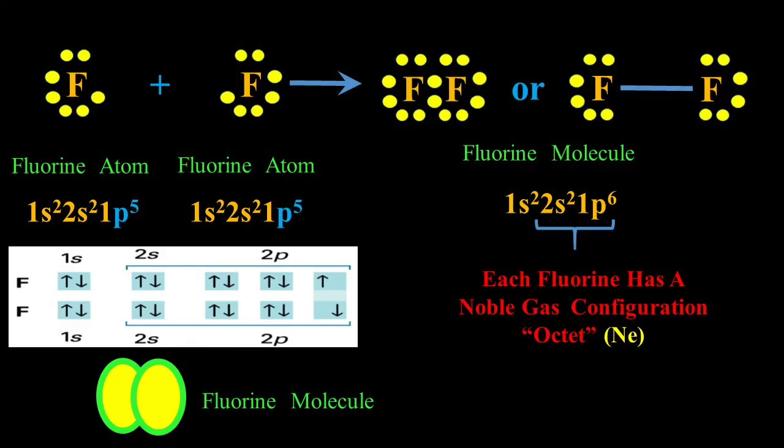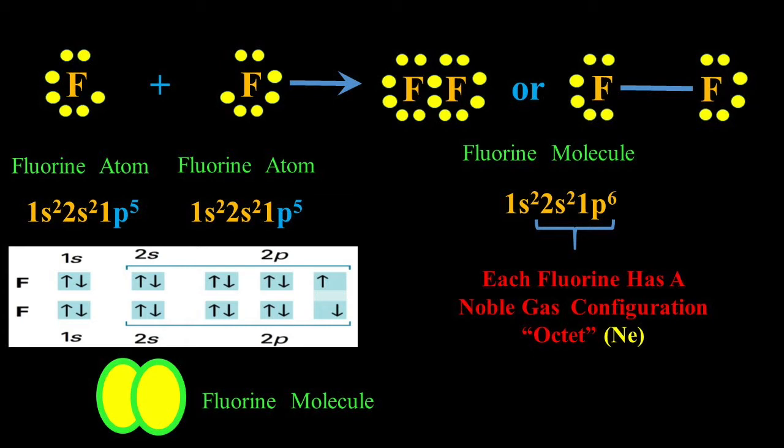So we're going to see a couple slides of that. Here are 2 fluorine atoms. Here's the filling, 1s2, 2s2, 2p5, and here's how it's done. And you form F2, a fluorine molecule, and you're forming this octet by the sharing of the electrons.